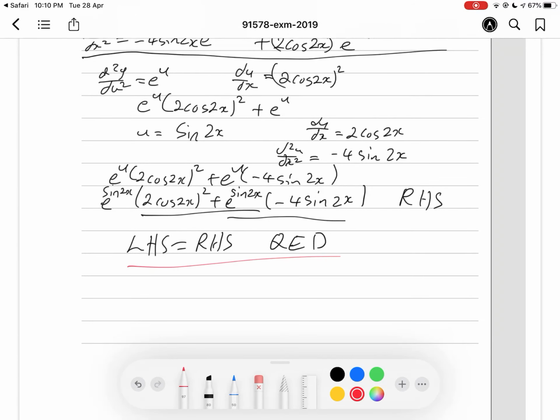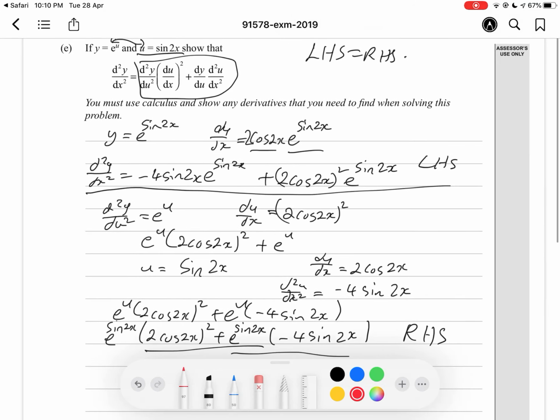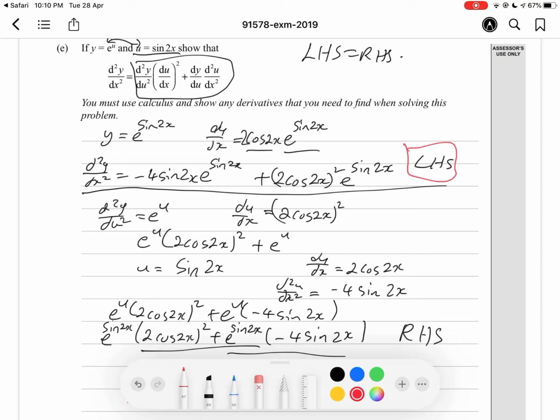And this is an excellence level question, so if you get up to proving that they're equal, you'll get an excellence mark. To get a merit level mark, d squared y over dx squared. So if you just find the left-hand side here, this whole expression here, you'll get a merit grade.